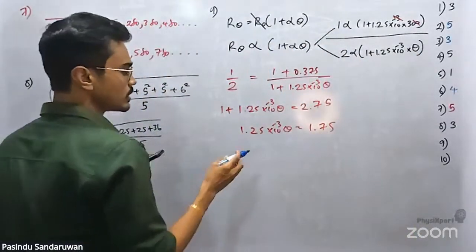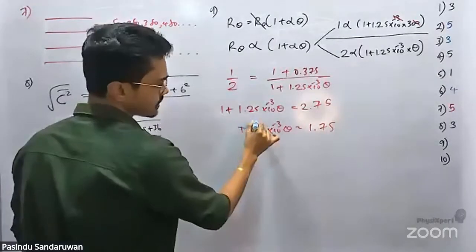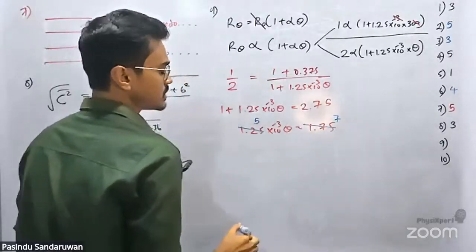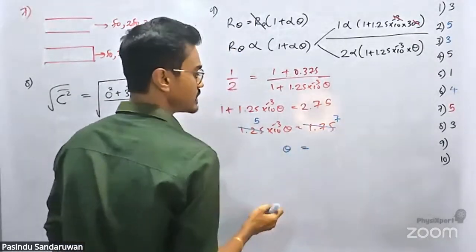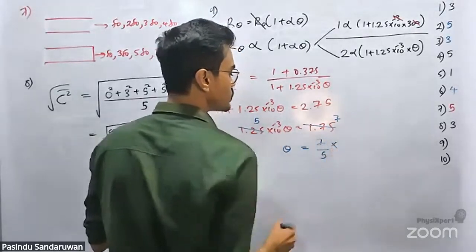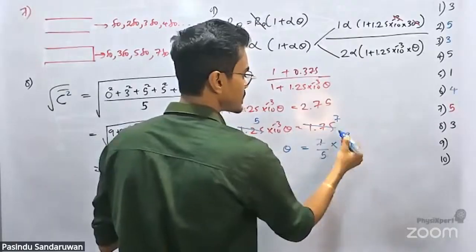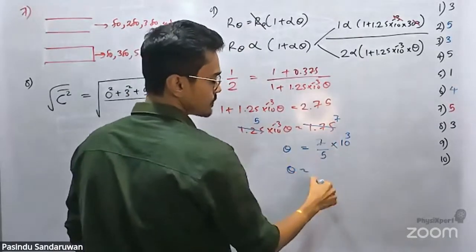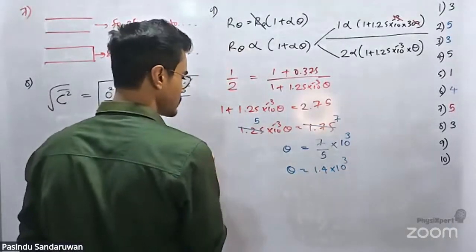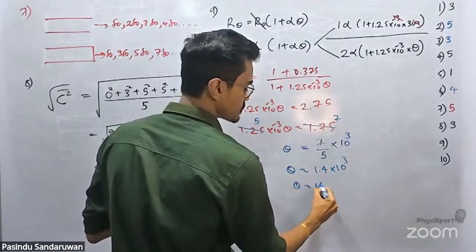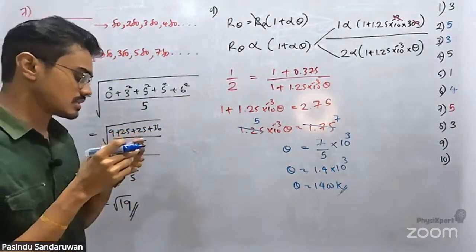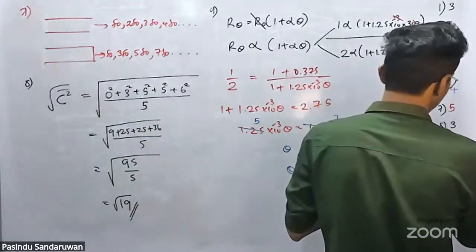This is 0.25 times 5, and this is 0.25 times 7, which means theta equals 7 over 5 times 10 to the power 3. 7 over 5 is 1.4, so 1.4 times 10 to the power 3, which is 1400 kelvins. For question 9, answer 2.